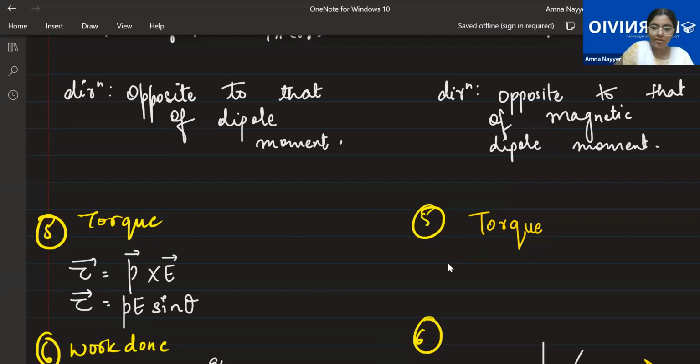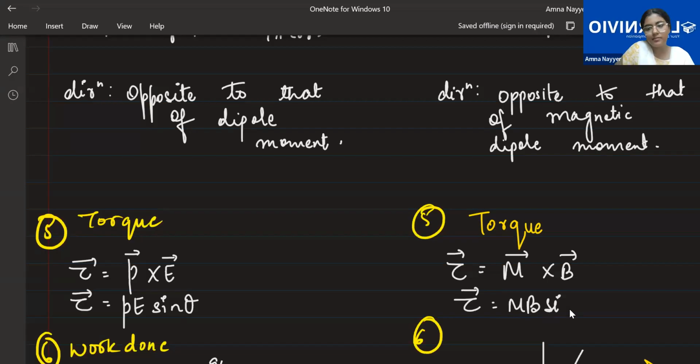Same thing for torque in case of magnetism, we did this also. It is M cross B, and this can be written as MB sine theta. Clear? Yes, ma'am.